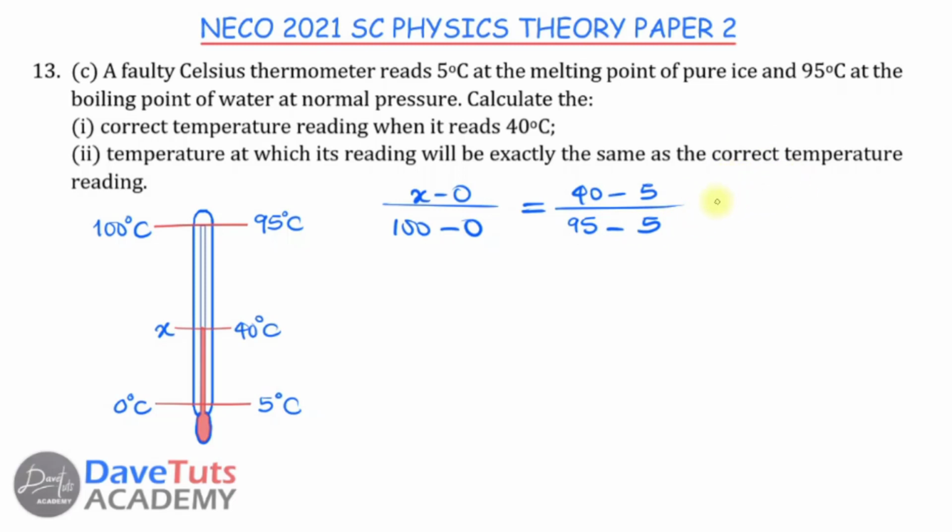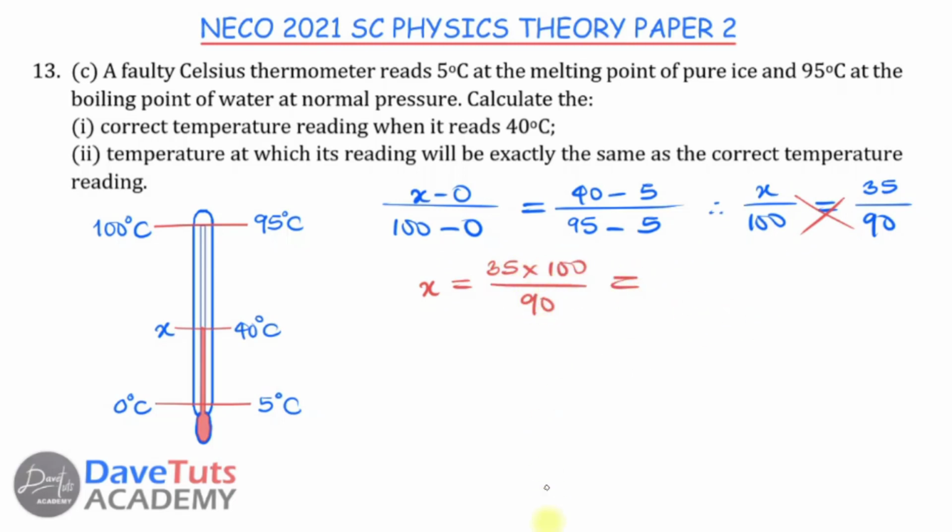So from here I just have X over 100 is equal to 40 minus 5, which is 35, over 95 minus 5, that is 90. I can cross multiply in this particular case to say X is going to be 35 times 100 divided by 90.